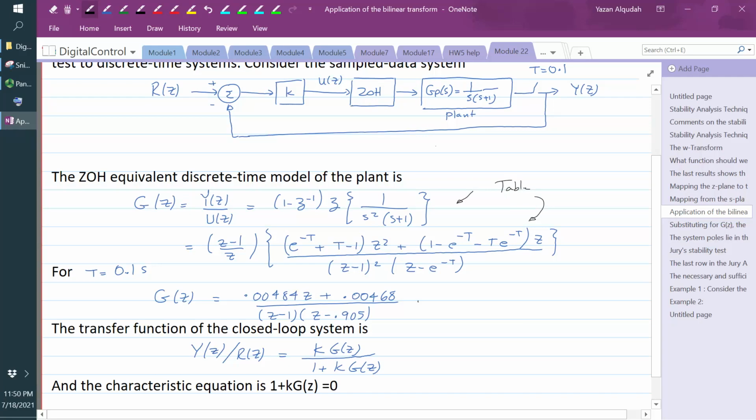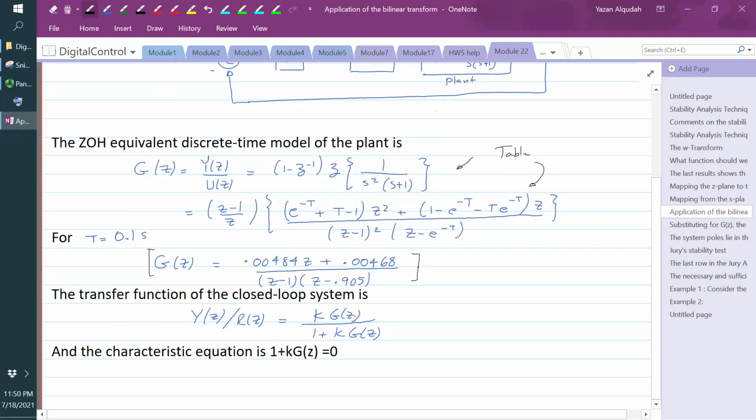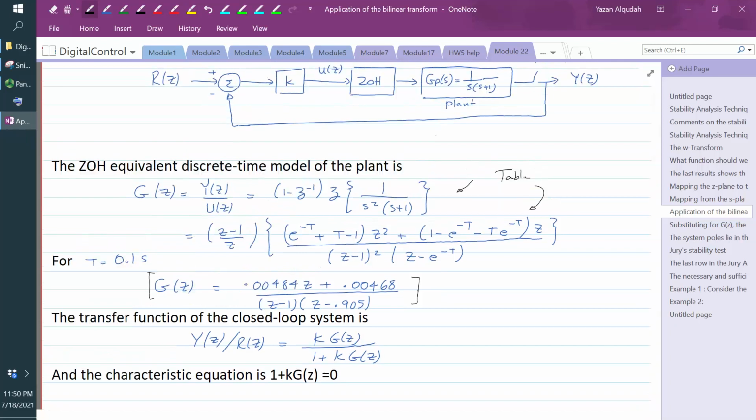G of Z, if I plug in the value of t equal to 0.1, is going to give me this G of Z. And therefore, I can calculate the transfer function of the closed loop system, k multiplied by G over 1 plus k multiplied by G. The characteristic equation is 1 plus k multiplied by G of Z equal to 0.